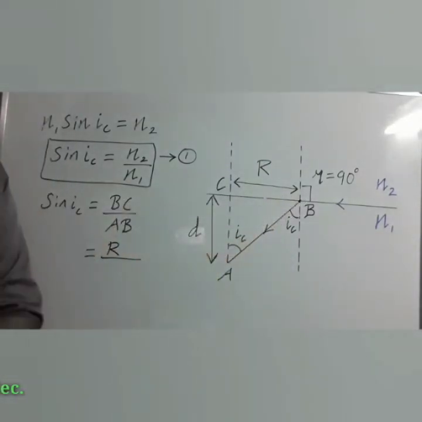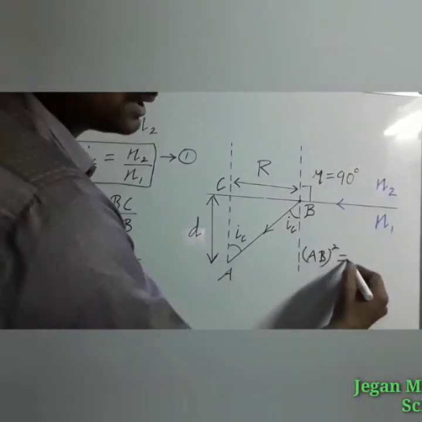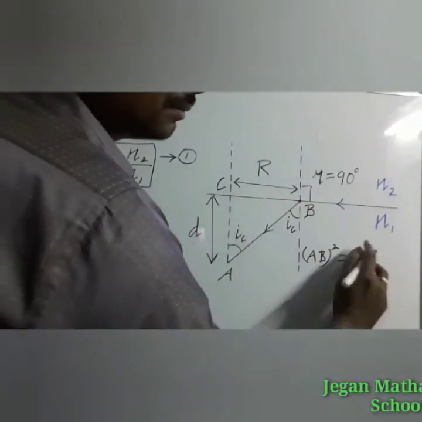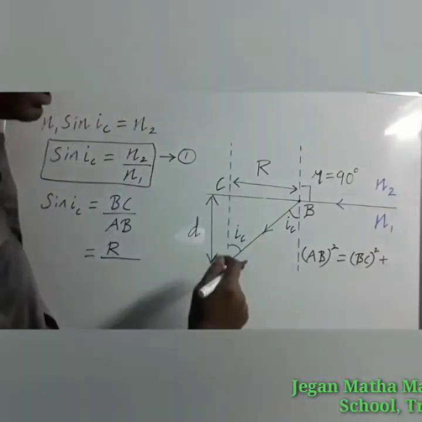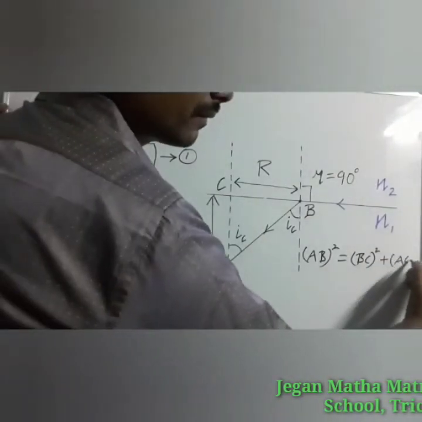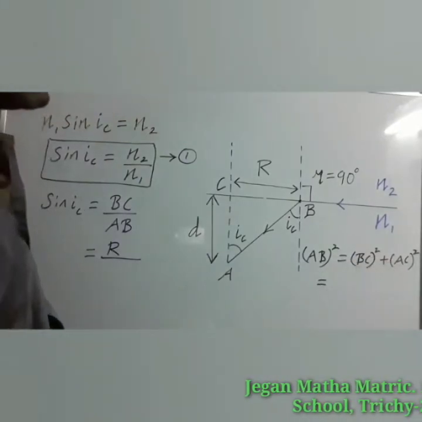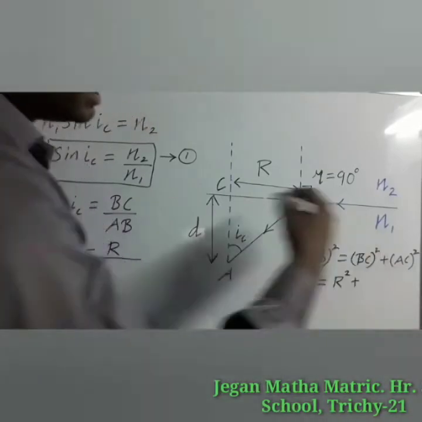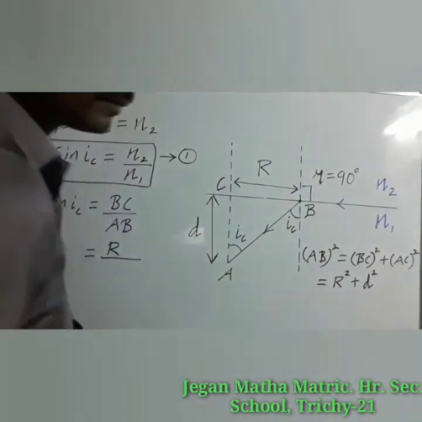Here, how to find the hypotenuse value? Further, the Pythagoras theorem can be applied. So AB square is equal to the sum of the squares of the other two sides. So the other two sides are BC square plus AC square. Here BC is the radius of illumination, R square, plus AC is the depth, D square.